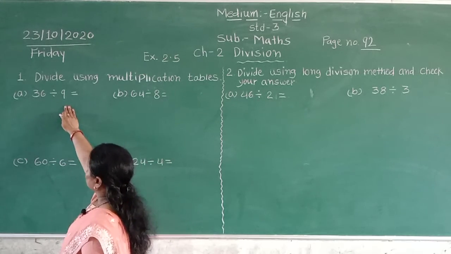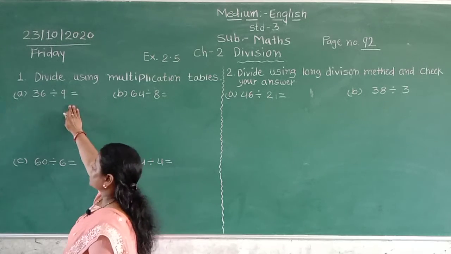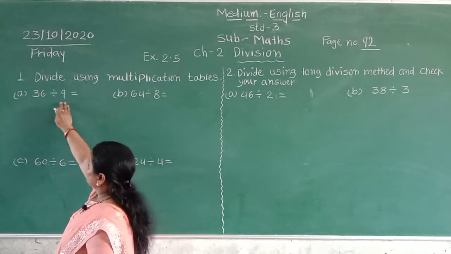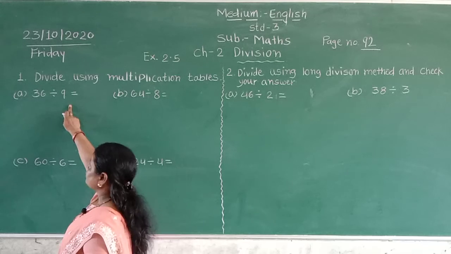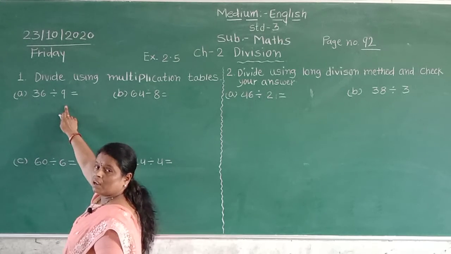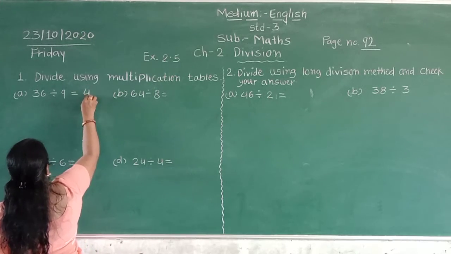So we say table of 9. How many times does 36 come? 9 fours are 36. Our answer is 4.